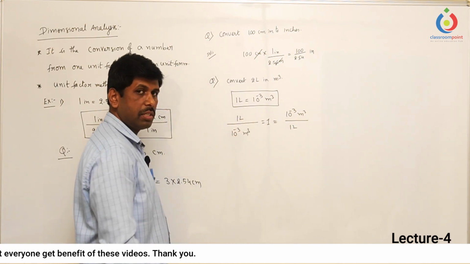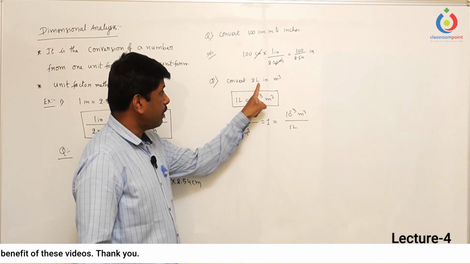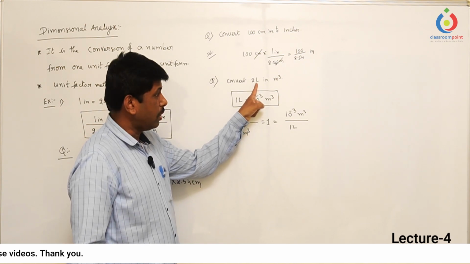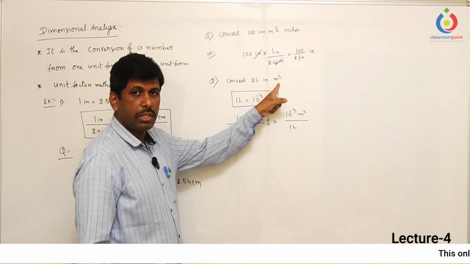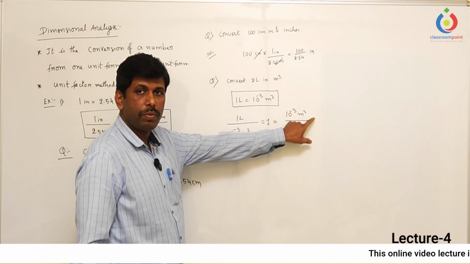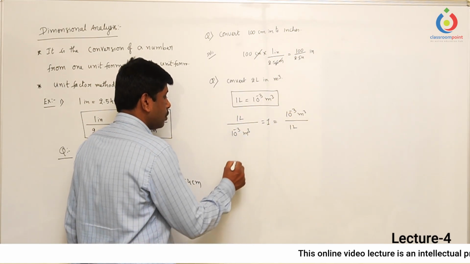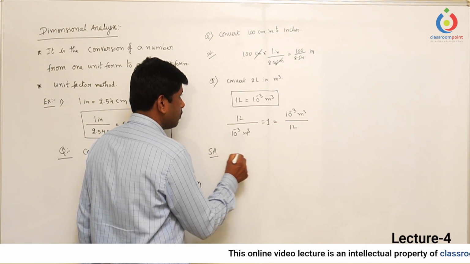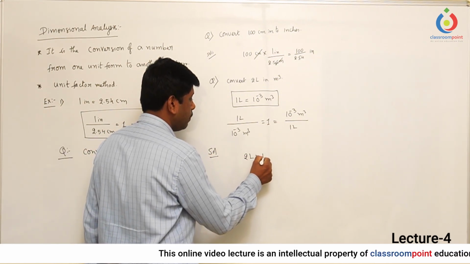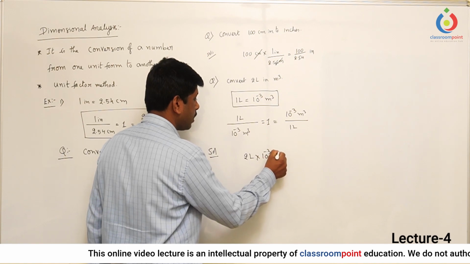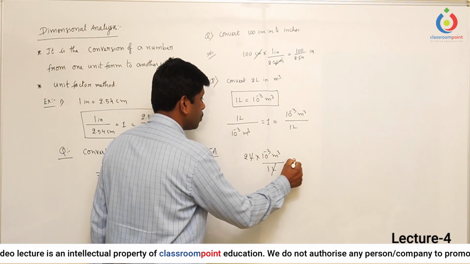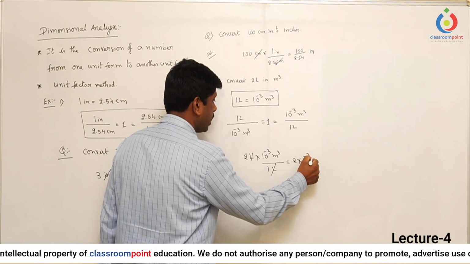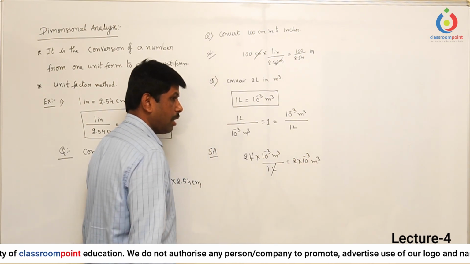Both values are the same. But here the given value is in liters, so liter must be in the denominator, and the final asked unit is meter cube, so we select this unit. The solution is 2 liters into 10 power minus 3 meter cube divided by 1 liter. Liter cancels out. So 2 into 10 power minus 3 meter cube is the answer.